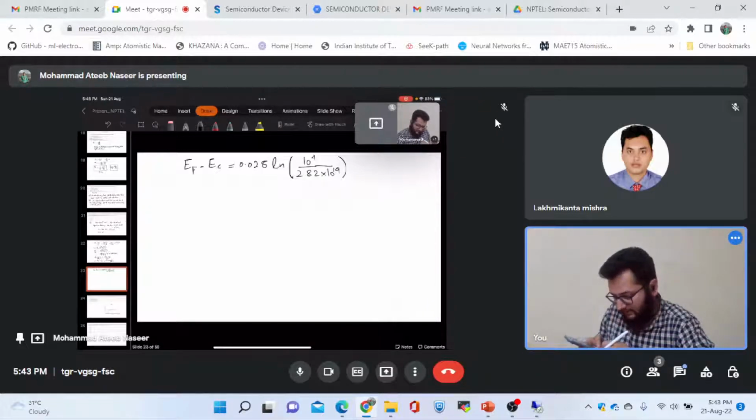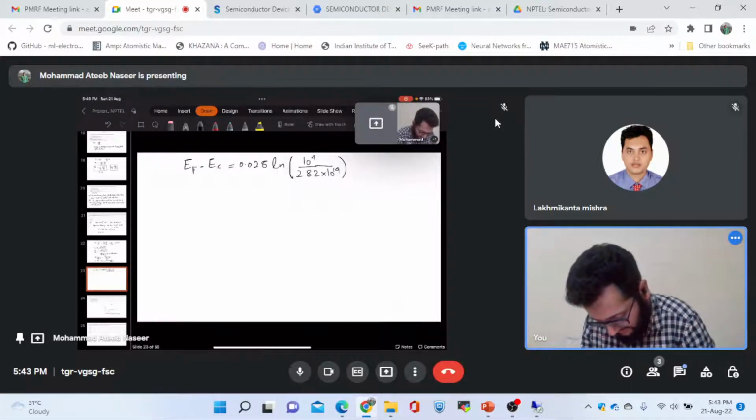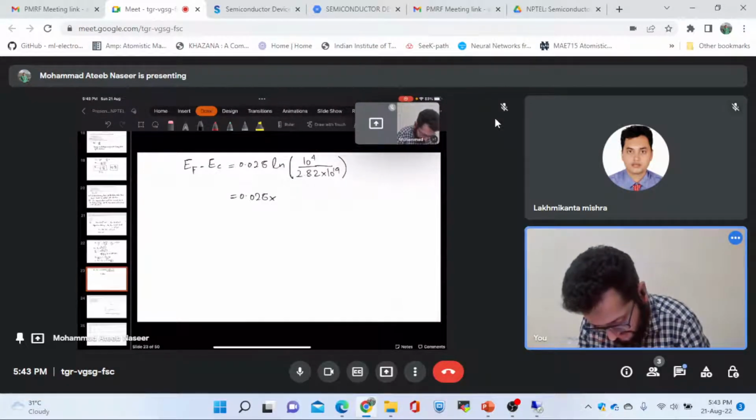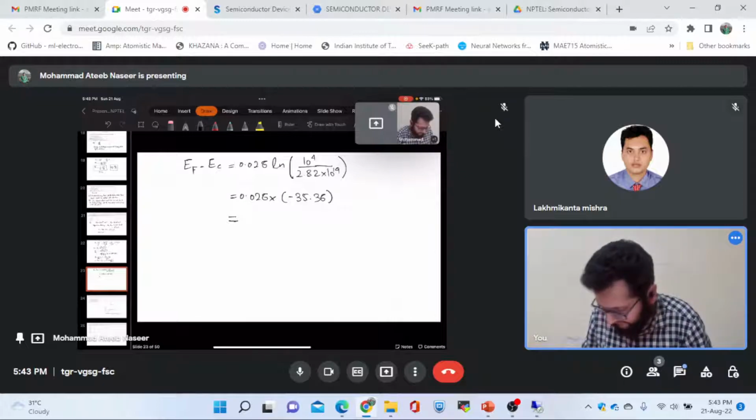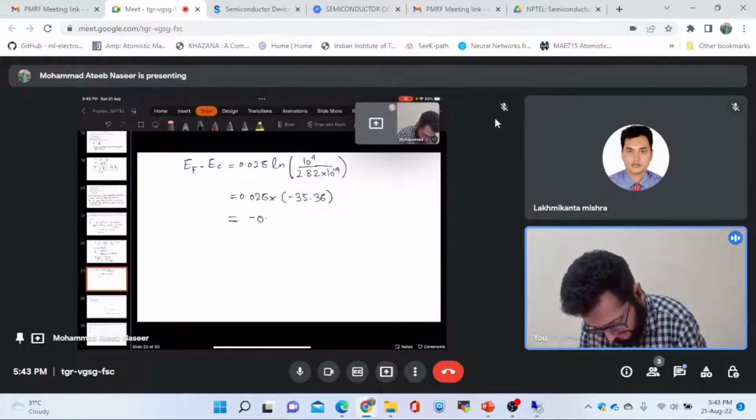10 to the power 4 divided by 2.82 times 10 to the power 19 gives us the value, so it will be 0.026 multiplied by minus 35.36. If I multiply it by 0.026, it will simply be equal to minus 0.92 electron volts.